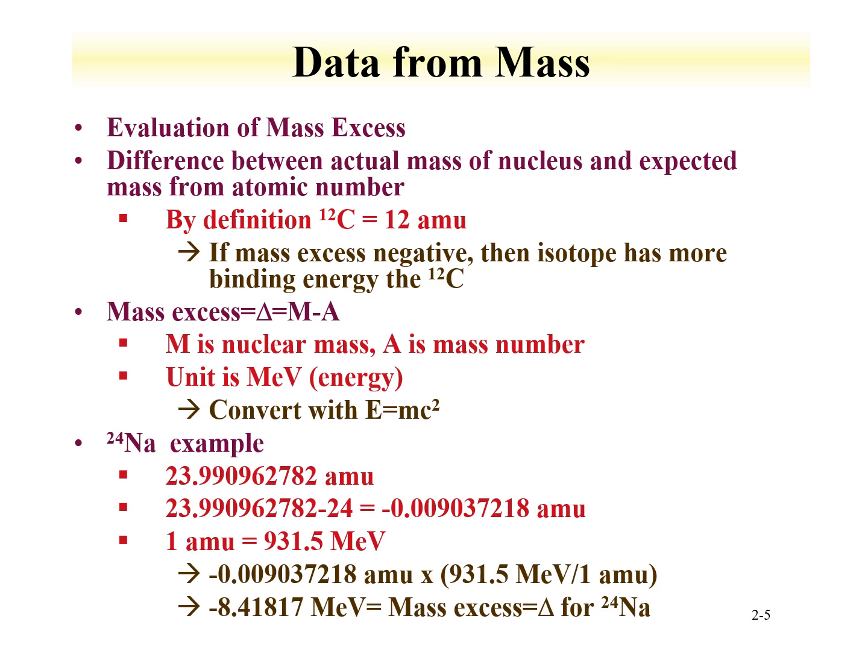So, for instance, if we define carbon-12 as 12 AMU, that's the definition, we can talk about something called a mass excess. If the mass excess is negative, then the isotope has more binding energy than carbon-12. The mass excess is a term that we're going to introduce. It's this delta term, and it's equal to the nuclear mass minus A, the mass number.